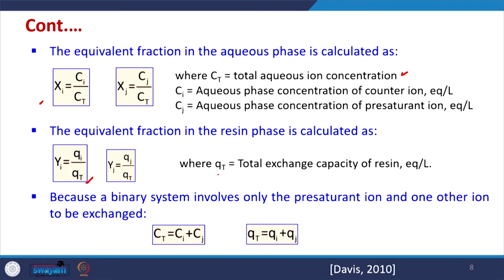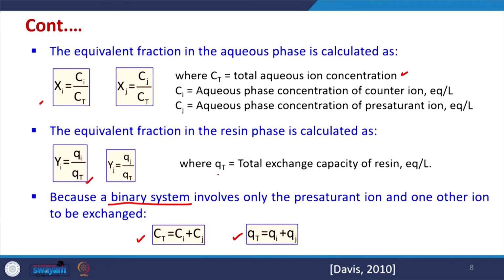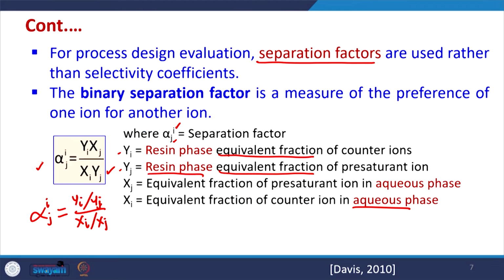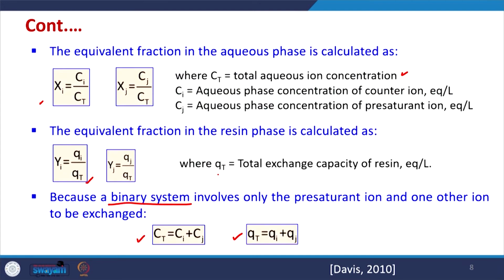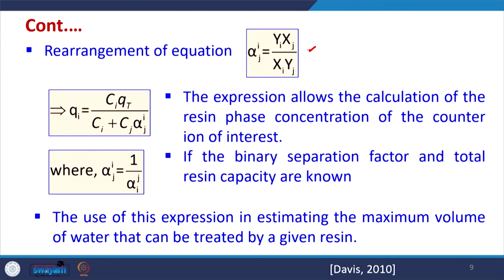Because we are only considering a binary system, consisting of the pre-saturant ion and the other ion that has to be exchanged, the total value will be this, and similarly for Q T. If we replace all these expressions in the previous equation, we can reduce it to this.